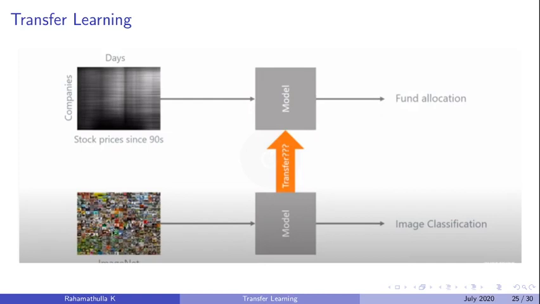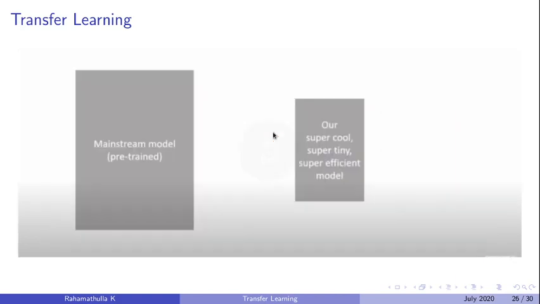For example, you have ImageNet data and a pre-trained model, and you have a stock price problem. We do not recommend transferring the knowledge obtained from an image classification model to a fund allocation model, because these two problems are far apart, and we may not be able to transfer the knowledge from one to the other. So that difficulty is there.